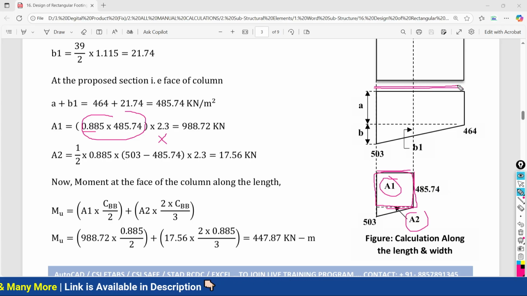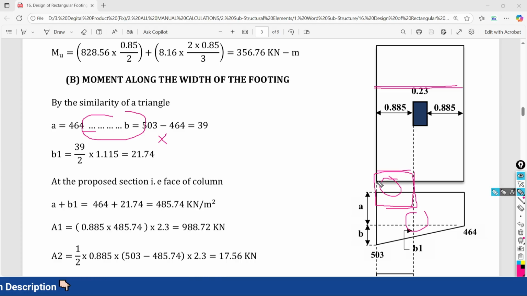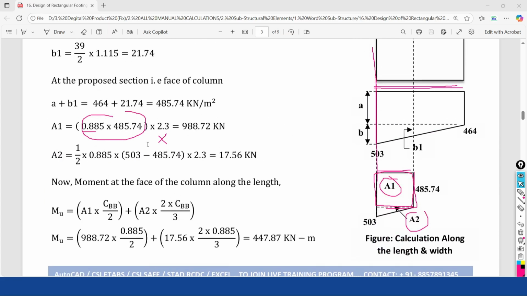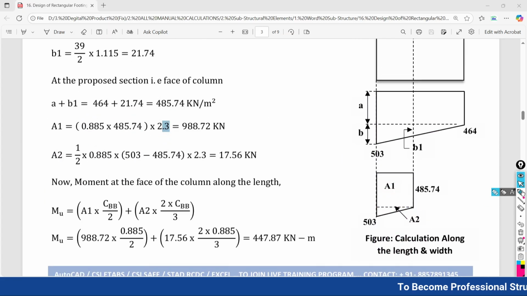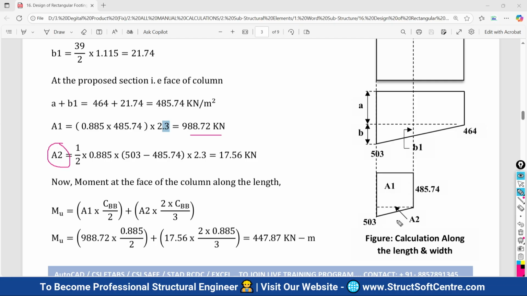So along the width, and this is going to be distributed over the length. Remember, so we are going to put here 2.3, because the length of the footing is 2.3. After doing this, we are getting the value 988.72 kilonewton.